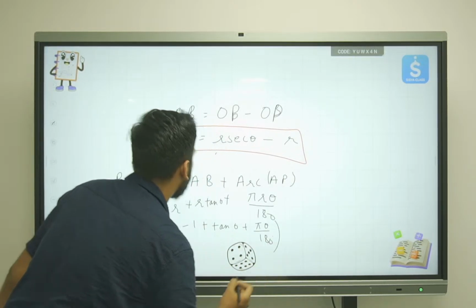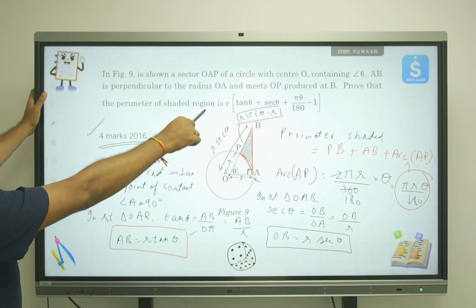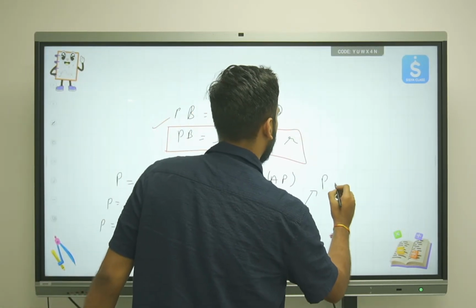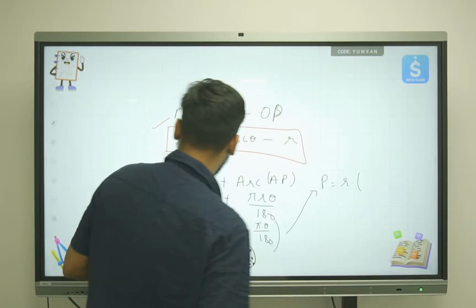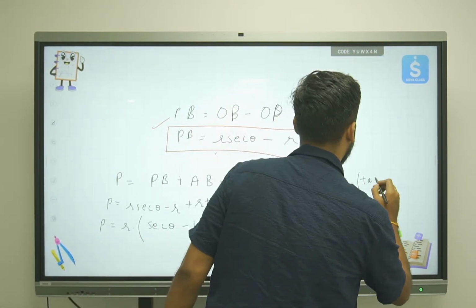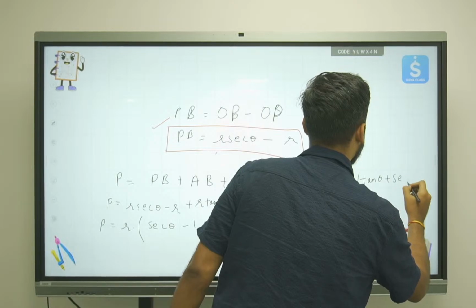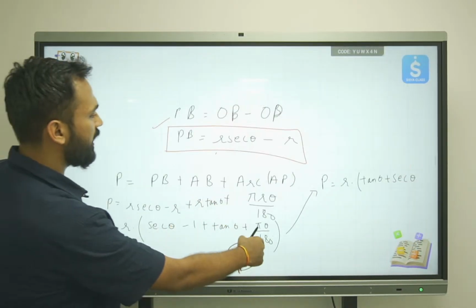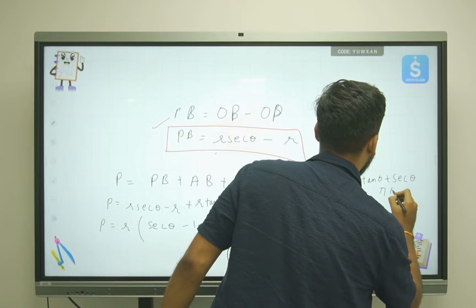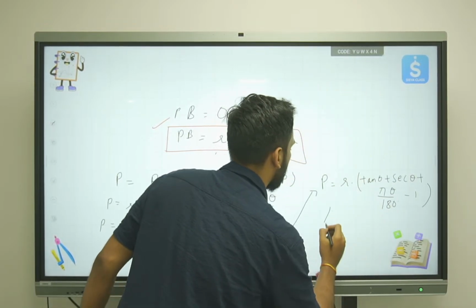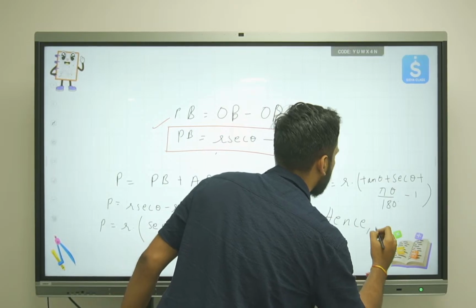If I do some rearrangement, I'll get something like this: tan theta plus secant theta plus pi theta by 180 minus 1. Hence proved. Clear? Hence proved.